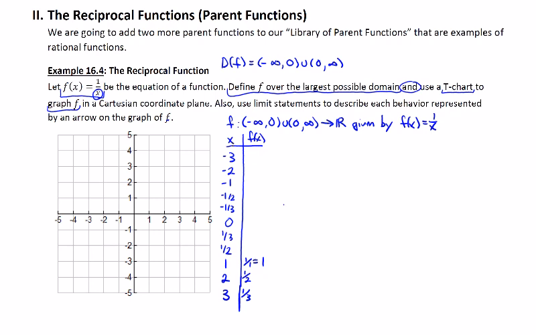Same thing happens with the negative integers. If I plug in -1, 1 over -1 will be -1. 1 over -2 is typically called -1/2, and then 1 divided by -3 would be called -1/3.